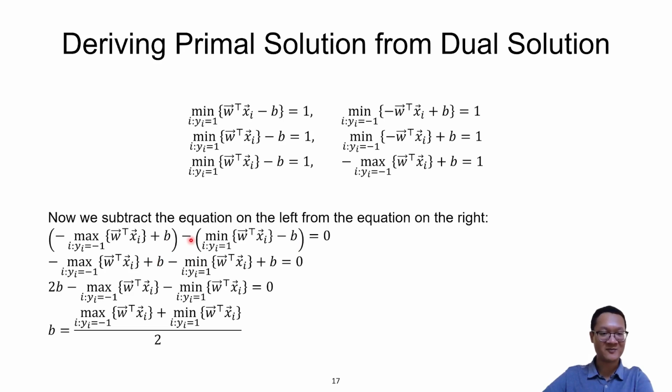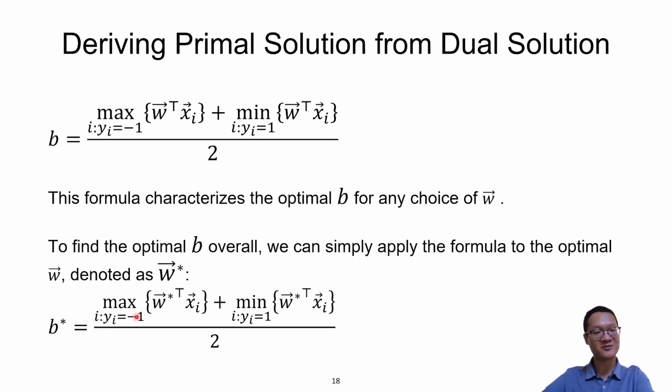We multiplied the negative sign in, combined the b together to have 2b, and then we isolated b, and this is what we got. So this expression is true for any W, and in particular, it's going to be true for the optimal W. So now we have obtained b star equals this expression, which is a function of W star.